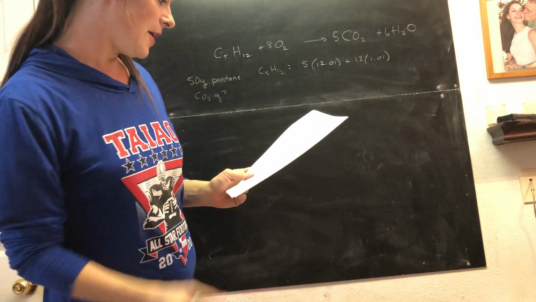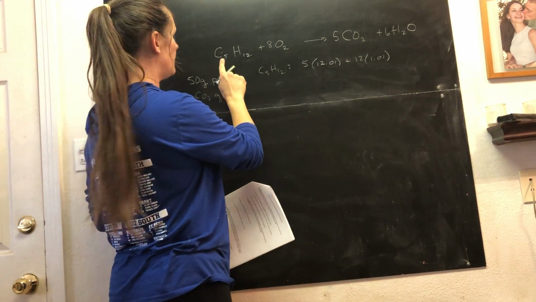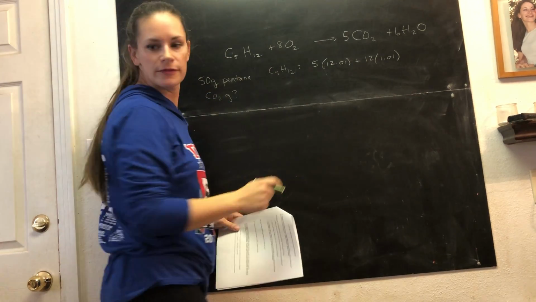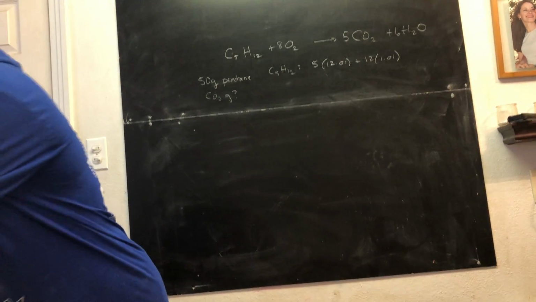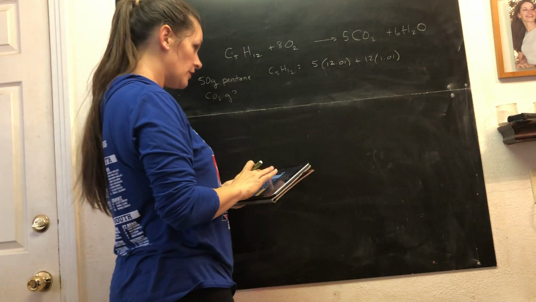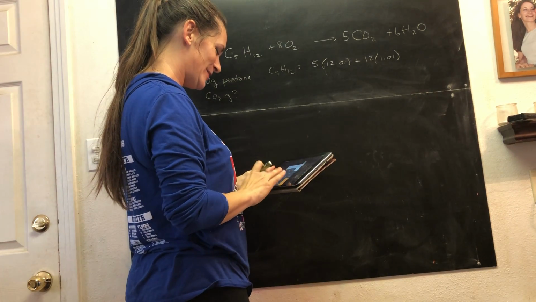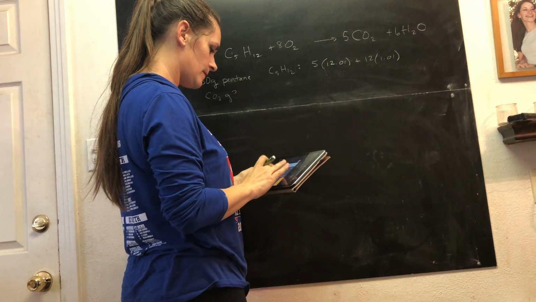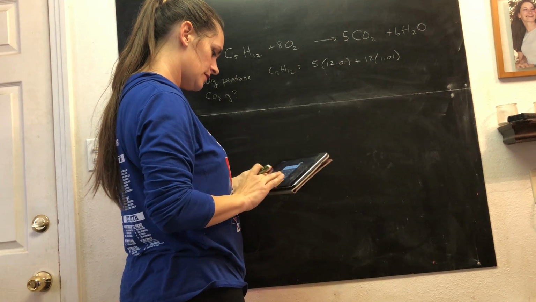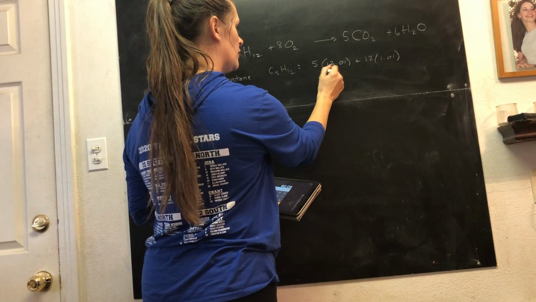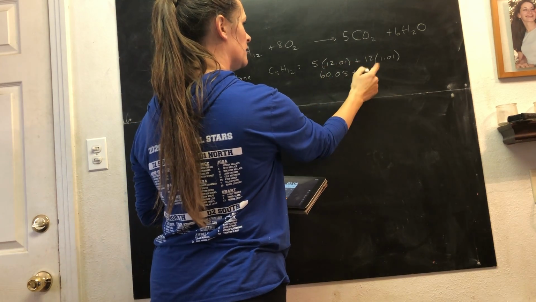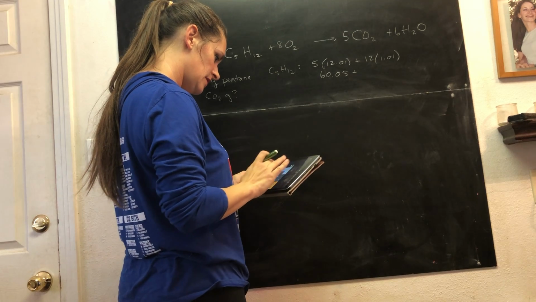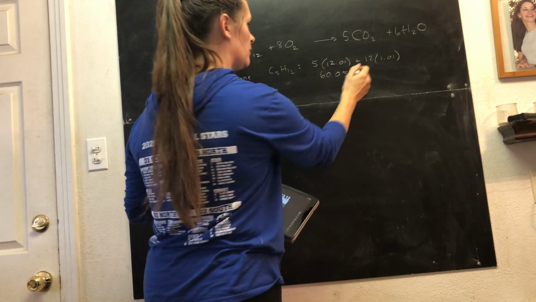Anyways, so we're burning pentane. We're figuring out the molar mass of pentane. So, I think I was in the midst of calculating when Andrew threw my phone on the ground. 5 times 12.01 is 60.05 plus 12 times 1.01, there we go, 12.12.